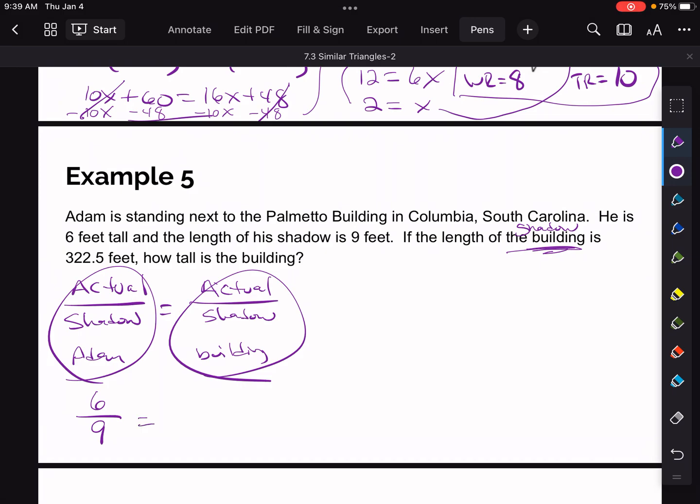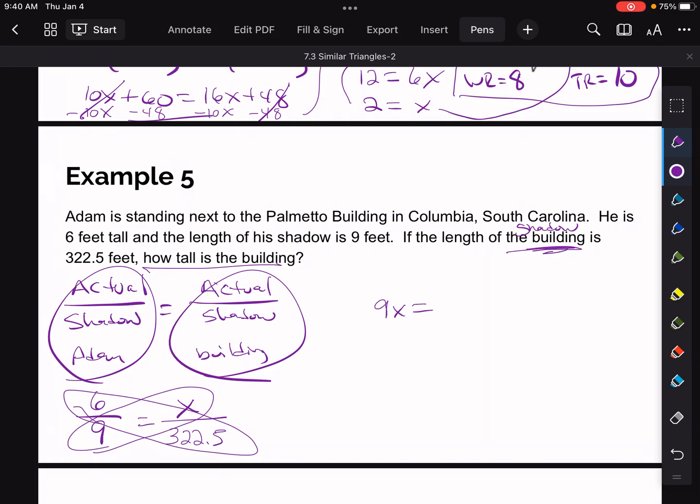For the building, we know that the shadow piece is 322.5, because I believe that's what they want, how tall is the building? And they're looking for this actual piece. So we're just going to cross multiply here. Okay, so we're going to have 9x equal to, I'm going to make a quick calculation. Sorry, I don't have that one here in advance.